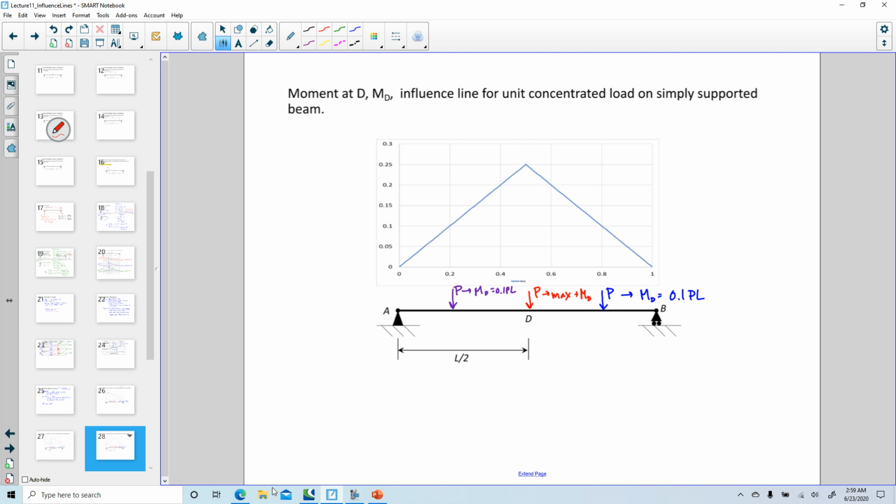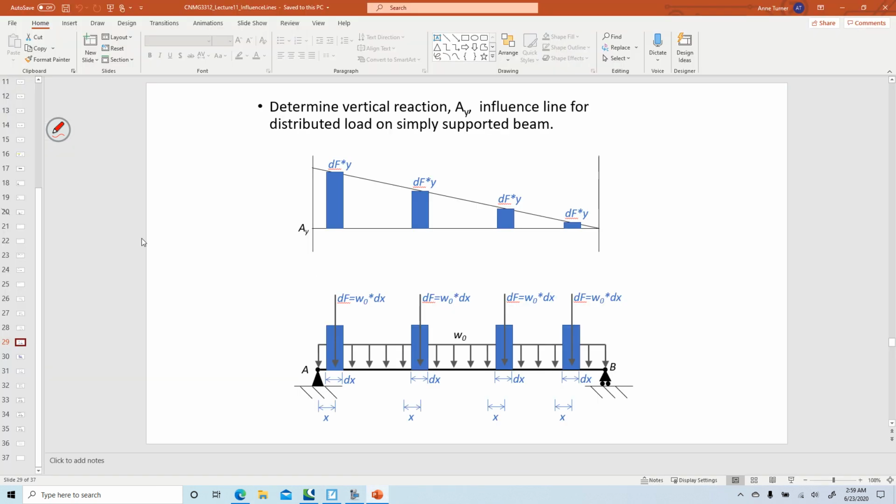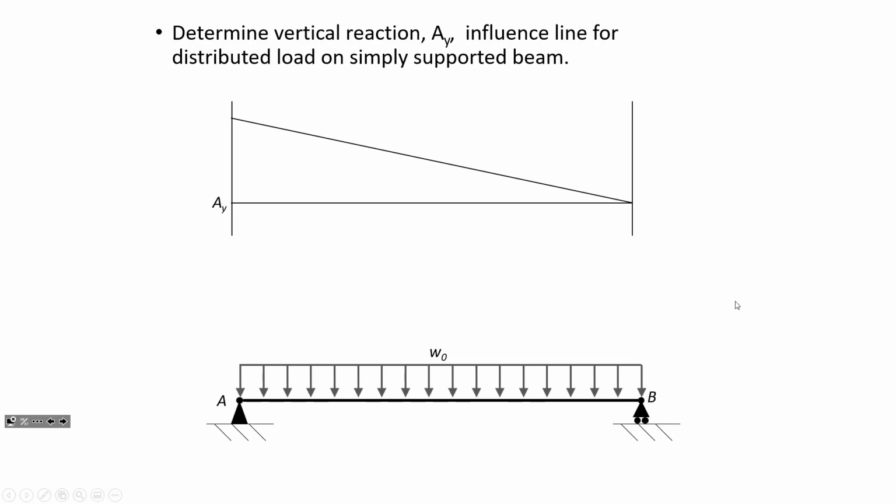So I wanted to do this little tutorial thing right here. Let's look at my vertical reaction at A, the influence line for a distributed load on a simply supported beam. This is for my vertical reaction.